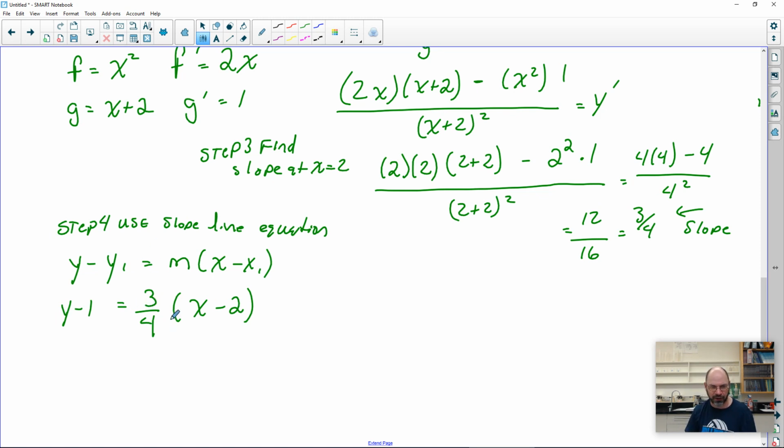We can multiply it out here, but if we multiply everything by 4, this is 4y minus 4 equals, now this is all one expression, so all we have to do is multiply this by 4, and then we can expand it out later. So 3 times 4 is 12, divided by 4 is 3.